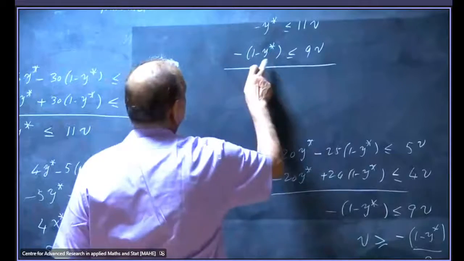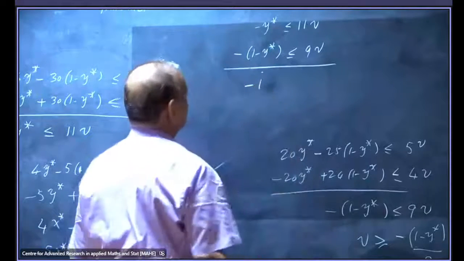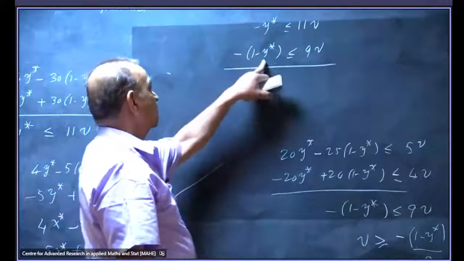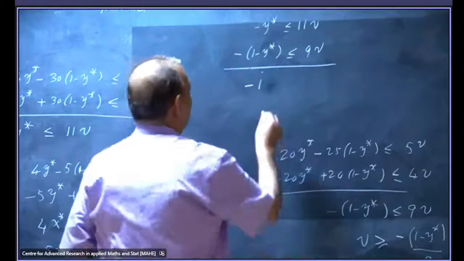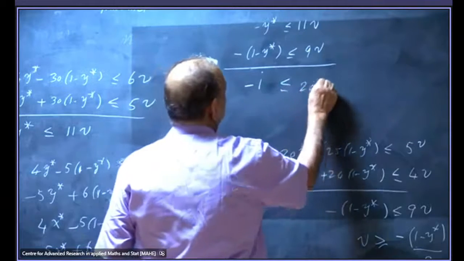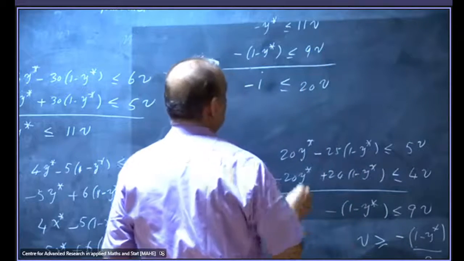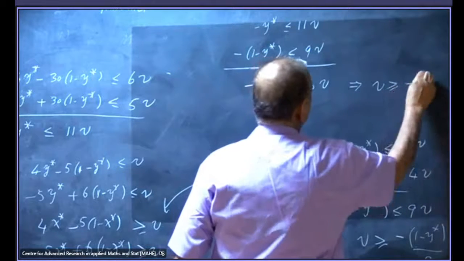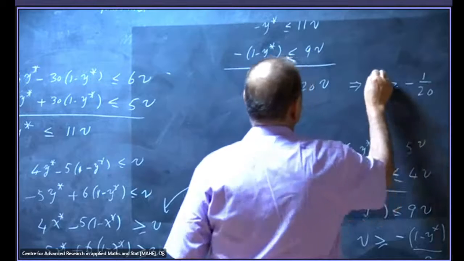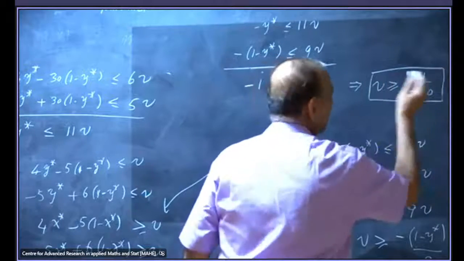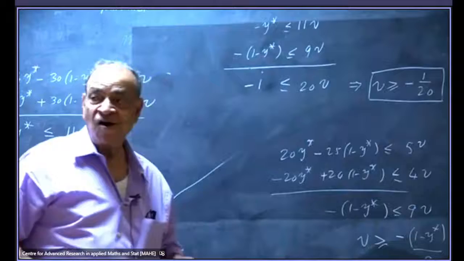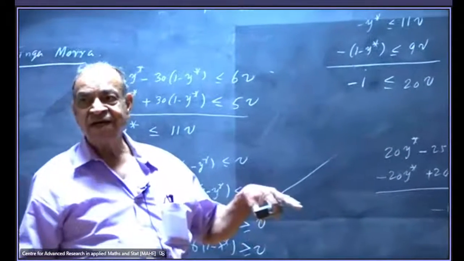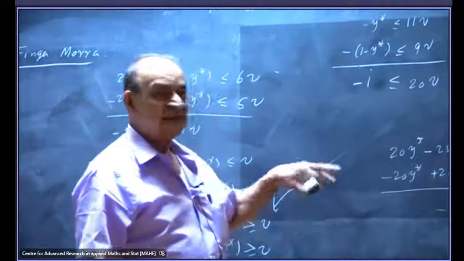Minus y star minus 1 minus y star is minus 1. Okay. Minus 1 plus y star minus y star, and then this one is less than or equal to 20b. So this implies b is greater than or equal to minus 1 over 20. That's all it says. It is still not nailing down what is b. It is only saying b is at least minus 1 over 20.